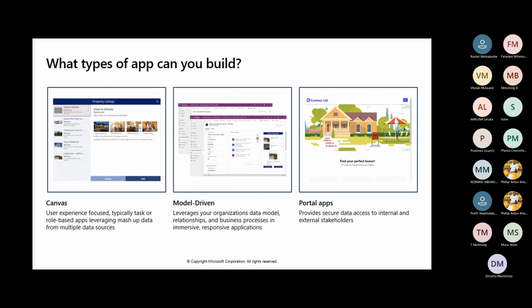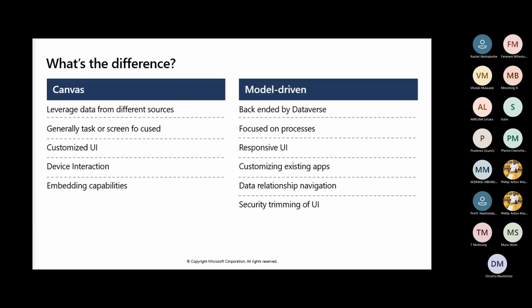Okay, so what types of Power Apps can you build? We have one, which is Canvas app, two, which is model-driven app, and then the third one, which is portal apps, right?